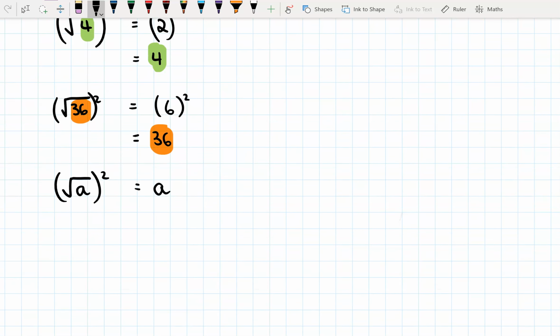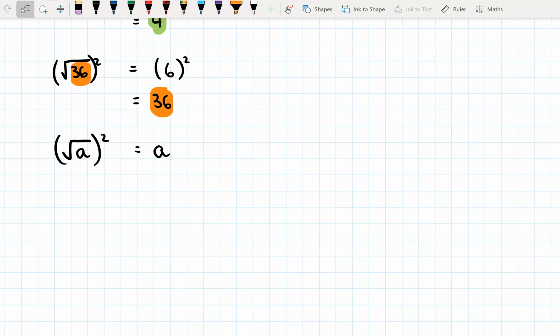Now sometimes you're going to have different situations. You might have something like the square root of 8 times 2, all squared. In this situation you need to remember that we're not just squaring the square root of 8, we're actually also squaring the 2.